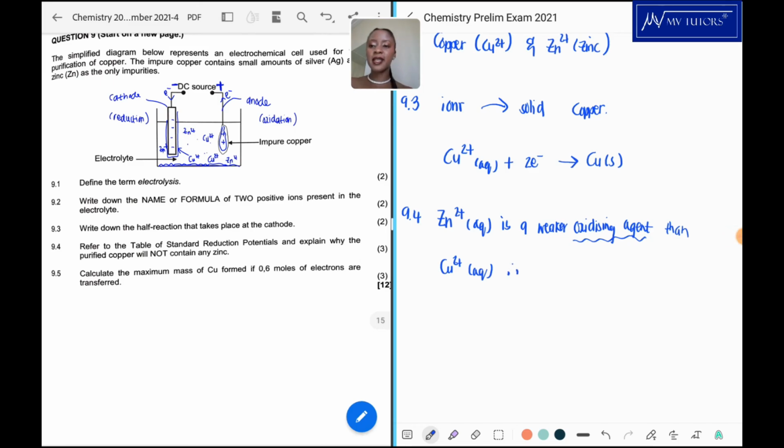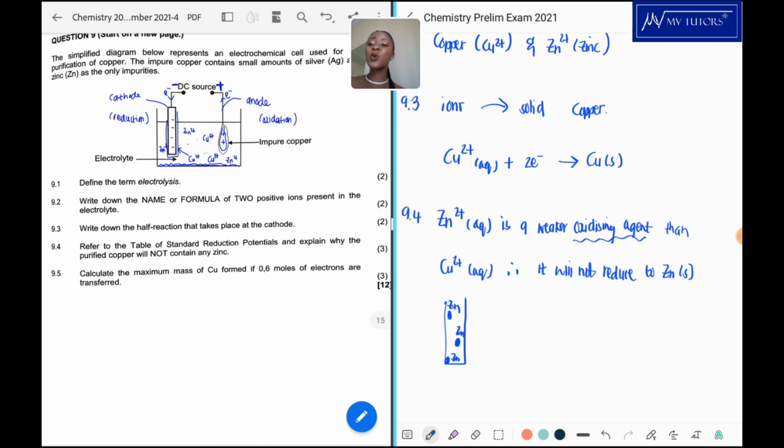Zinc is a weaker oxidizing agent than copper, therefore it will not reduce to the solid zinc.